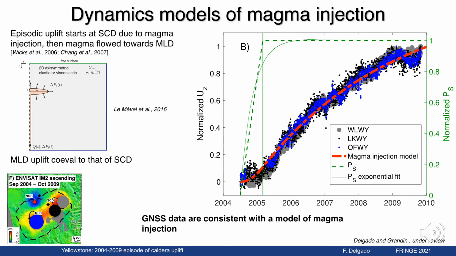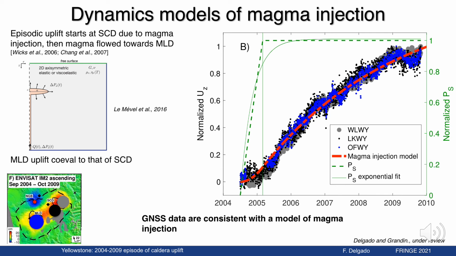The vertical components of the GPS time series have been normalized by their maximum, and the red line shows the synthetics predicted by the best fit magma injection model, in which the pressure in the deep mantle source is shown on the green line, and which increases linearly until it reaches a threshold for the rest of the period of injection.